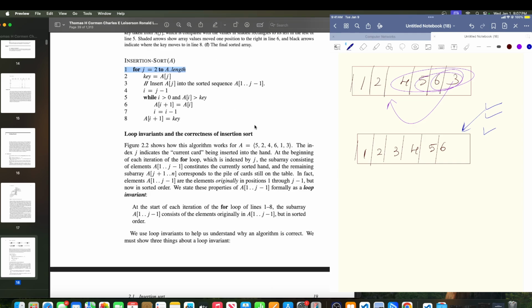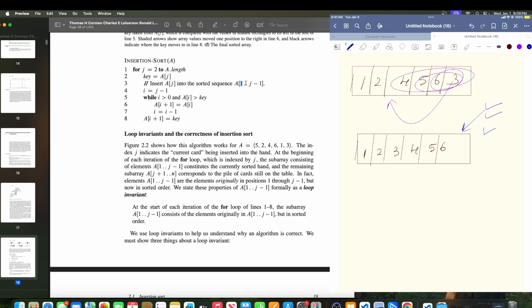So I have: for J equal to 2 to A.length. Insert A[J] into the sorted sequence A[1..J-1]. The I is a child. This will always be running from one element, the reason being the first element is sorted, so I don't want to check this.